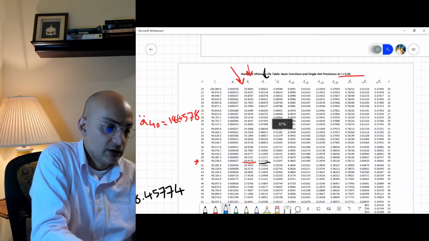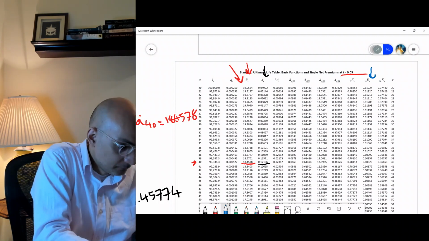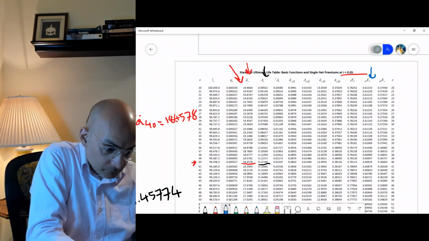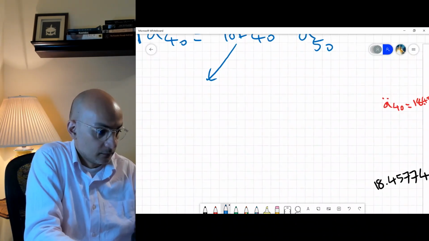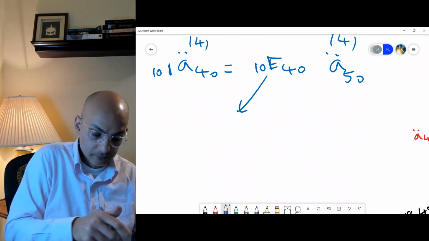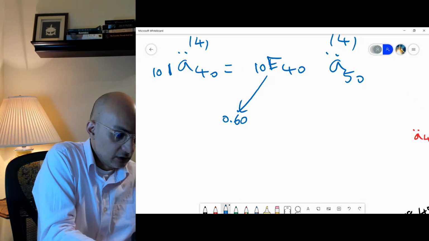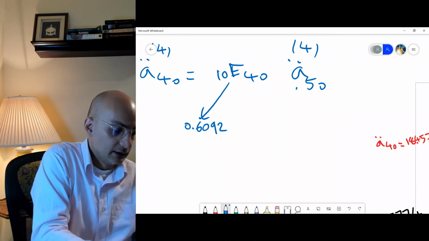So now we need to look at 10E40, and E10 at 6092. Right? And now we need to take this one now.